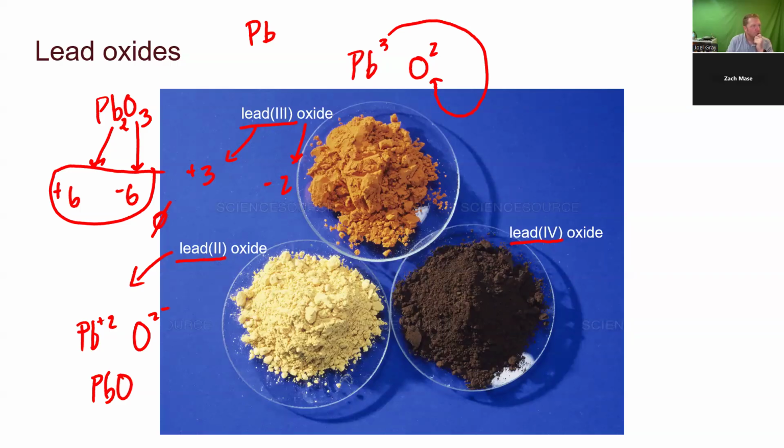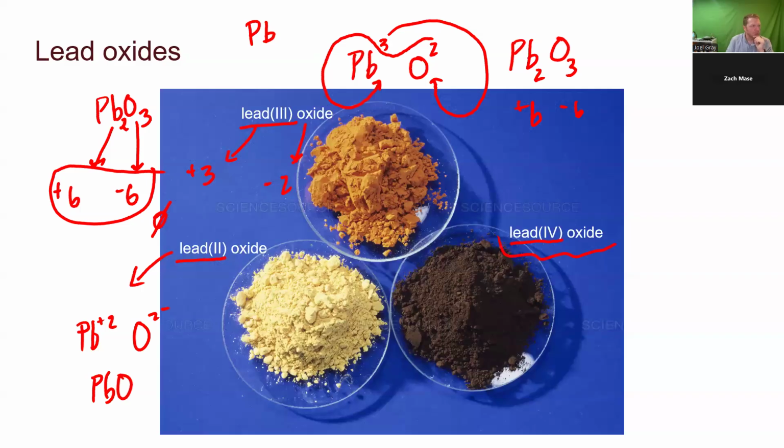Then I'm going to draw an arrow from my 2 and put it as a subscript for the Pb. So it's going to end up with Pb2O3. Two lead(III) ions is +6, and three 2- ions is -6.